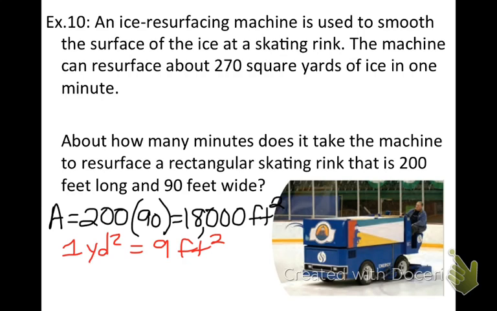A yard is 3 feet, so 1 yard by 1 yard is the same as 3 feet by 3 feet, which is 9 square feet. So 18,000 square feet is the equivalent of 2,000 square yards.